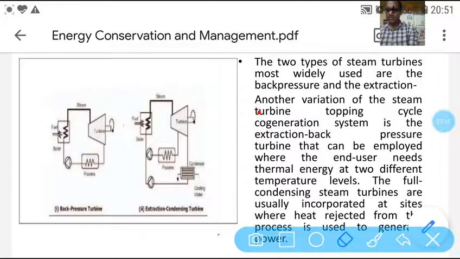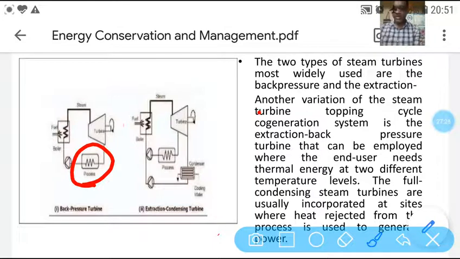So instead of a conventional condenser, here we have a process heater, where the steam coming from the turbine is utilized for heating purposes, and such a process heater is very useful in case of heat generation.